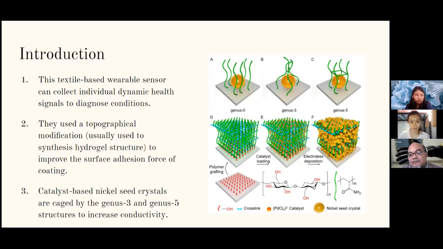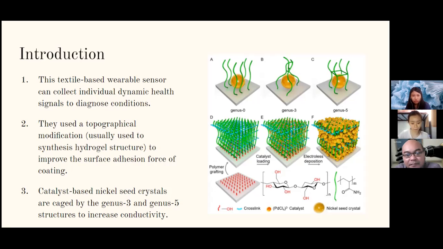They also use the catalyst-based nickel seed crystals that are caged by the genus 3 and genus 5 structure to increase conductivity. Genus 3 is the B picture in the B part, and genus 5 is the picture in the C part. So they create that kind of design to collect the nickel crystals and to increase the conductivity.